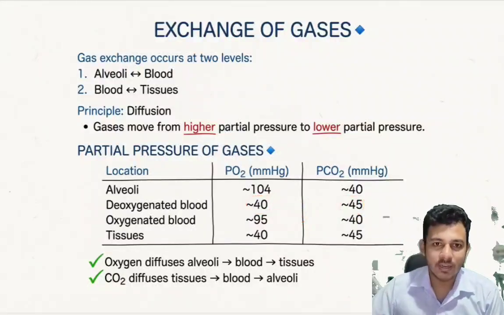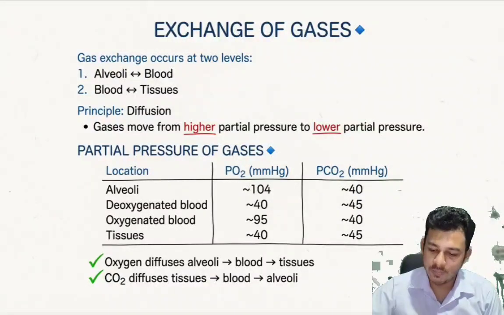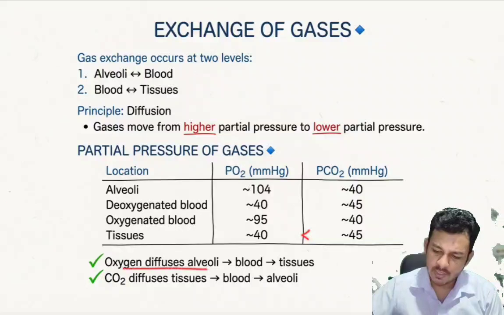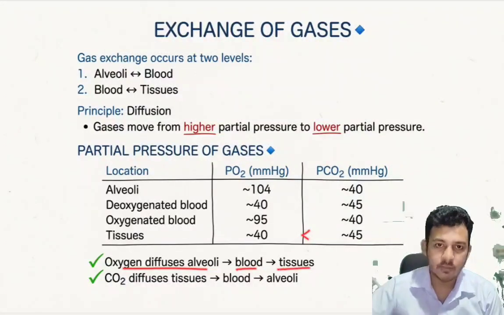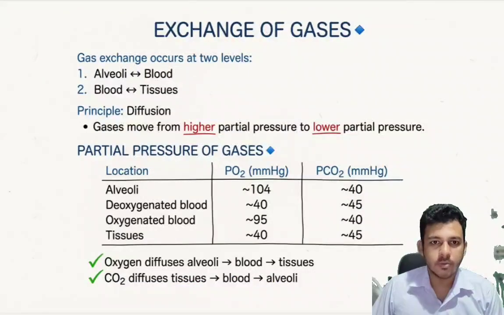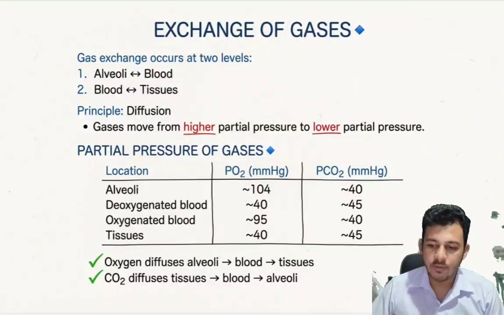In the tissues, we know that tissues undergo respiration and produce carbon dioxide while oxidizing food. So the partial pressure of carbon dioxide is higher in the tissues. That is it. Oxygen diffuses from the alveoli to the blood and then to the tissues. Carbon dioxide, just the opposite, diffuses from the tissues to the blood and then to the alveoli. So that is it for this part of the video.